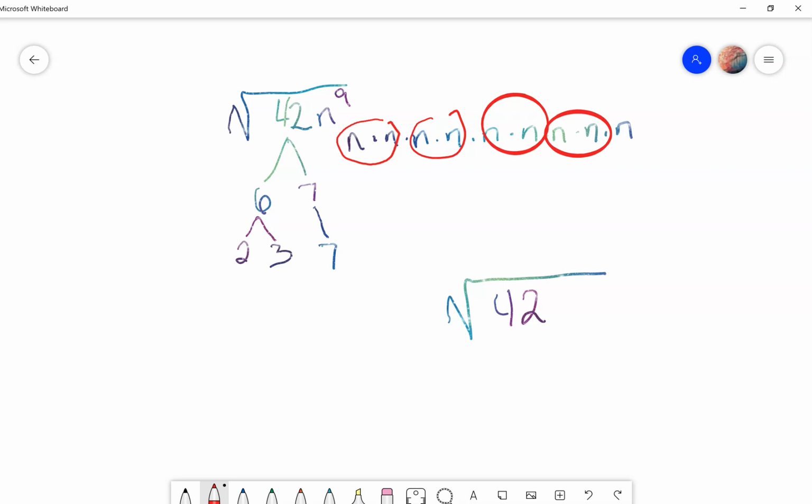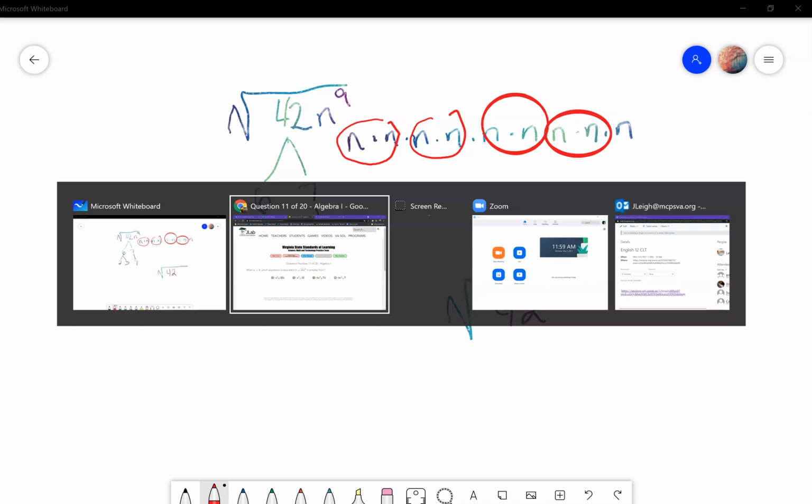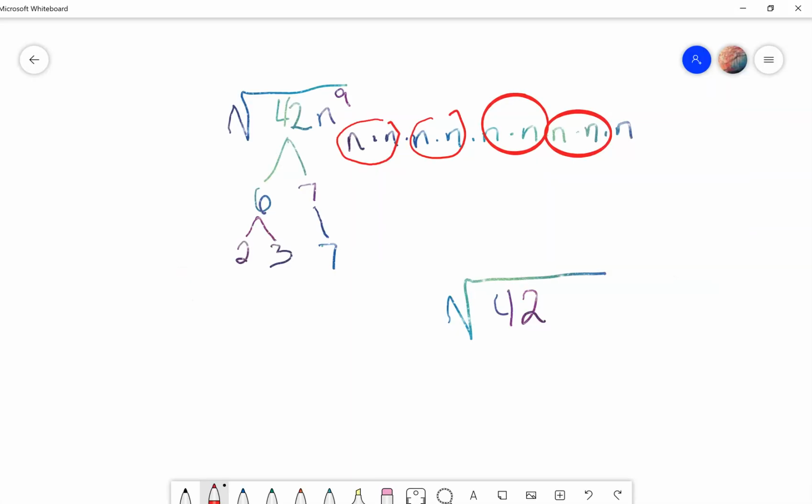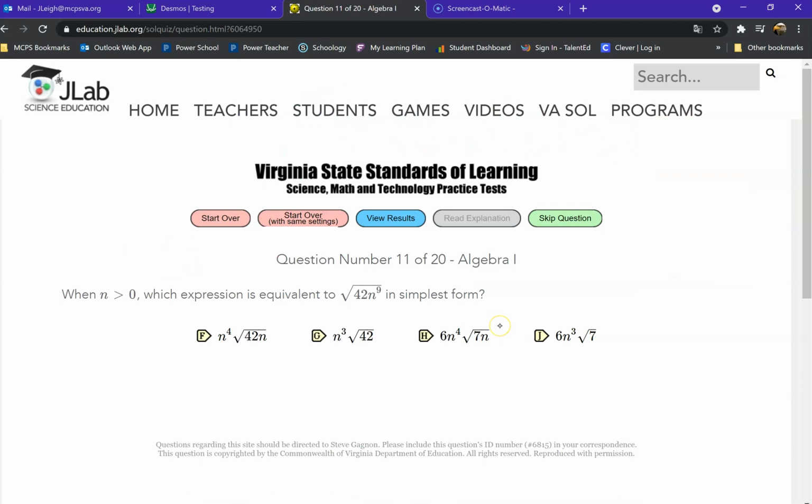Alright, so that is n to the 4th power. And then you have 1 n left over. So we're looking for n to the fourth power outside of the square root of 42n, which is your first one, F.